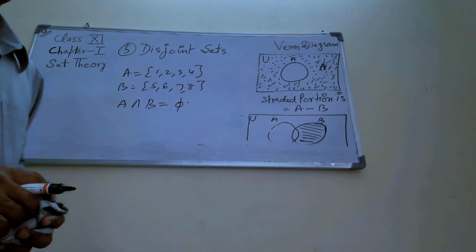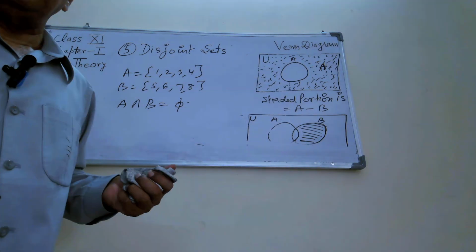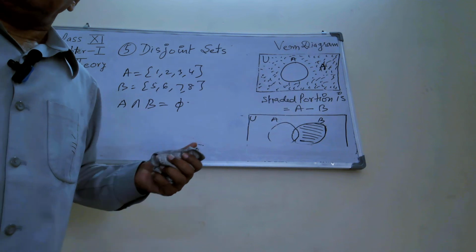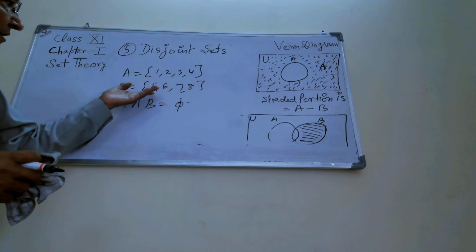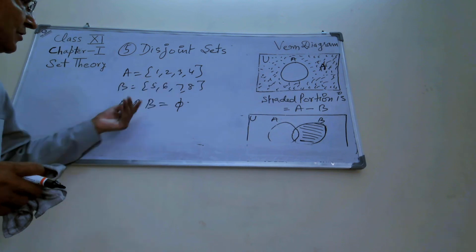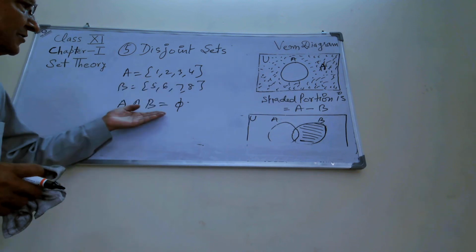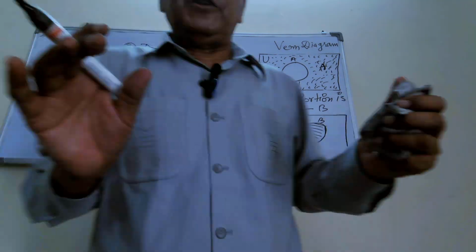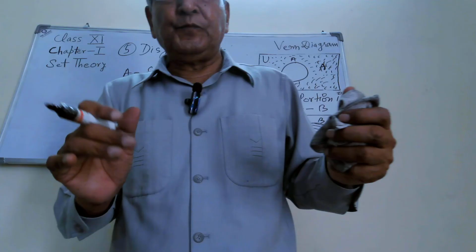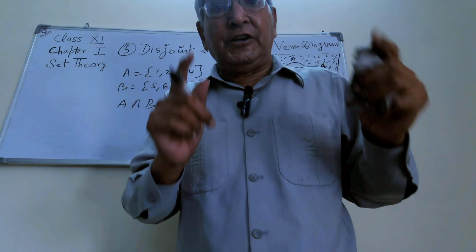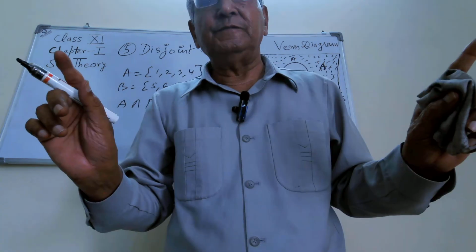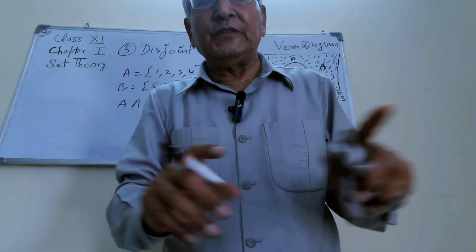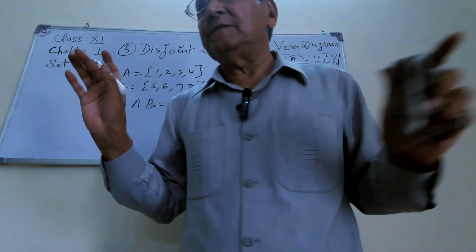As I have discussed with you, in intersection you have to take common elements, but here there is no common element. So A intersection B is equal to phi. If intersection is phi, then two sets are disjoint.